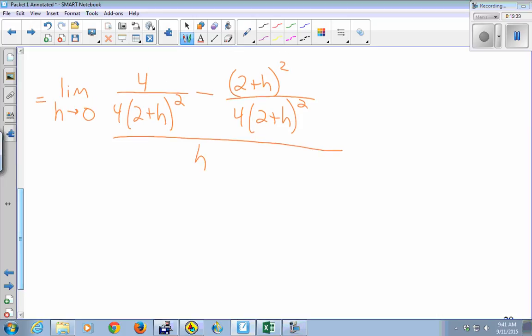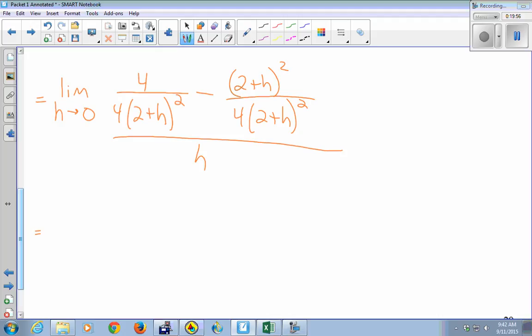So this is equivalent to the previous one. We just found a common denominator. And the purpose of the common denominator is that then you can subtract the two fractions, right? The result will have this common denominator, and then you just subtract the numerators.